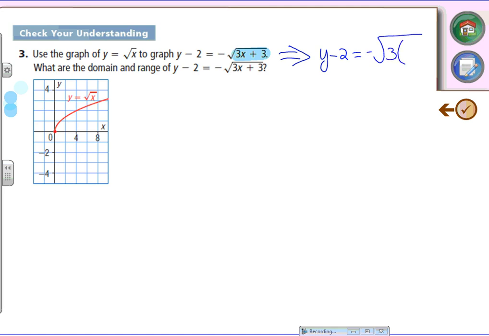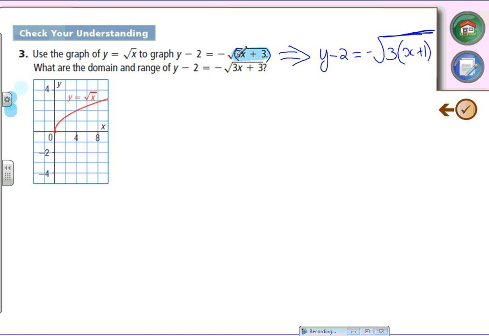Double bracketed. The square root itself really is like a fancy set of brackets. Factor out that 3, leaves me with x plus 1. Now it's double bracketed. Now I can talk about transformations. Up to that point, we don't start touching transformations until I've got a double bracket.